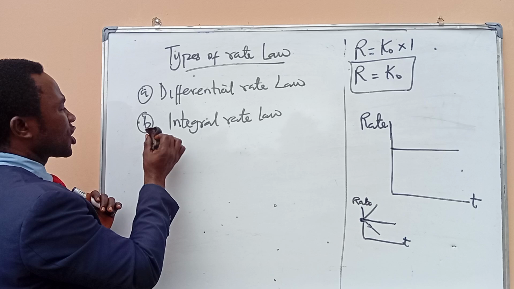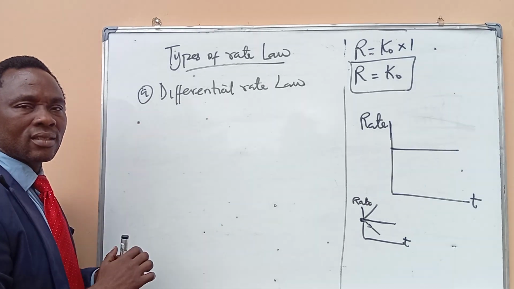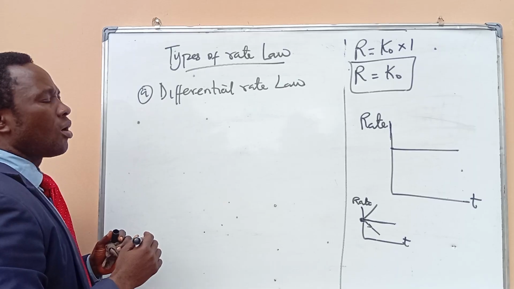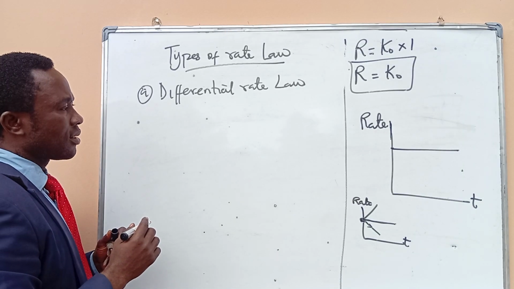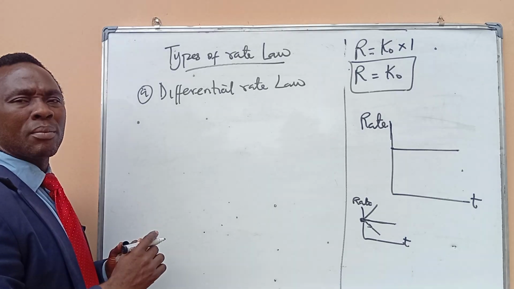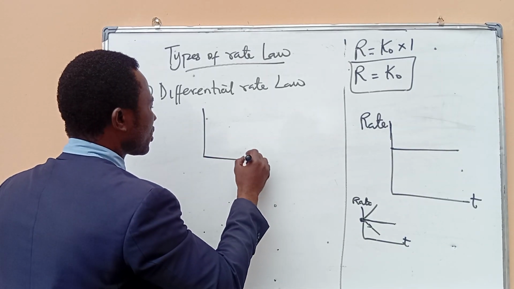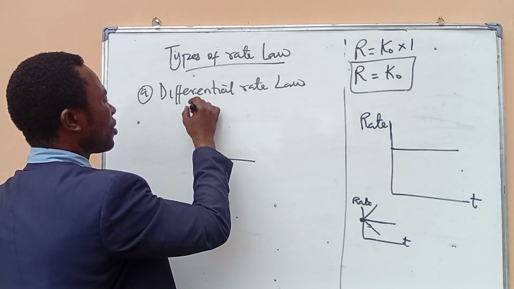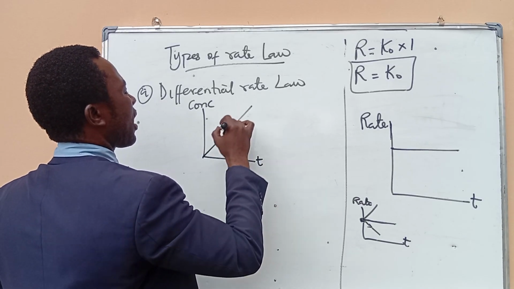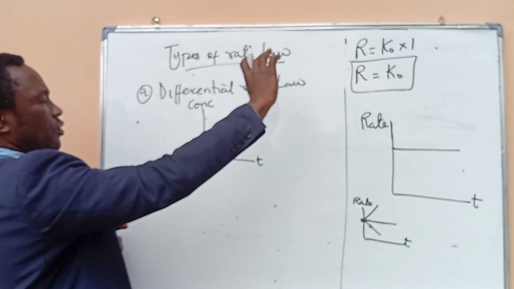Now, the differential rate law is the slope of the rate time graph. So when we plot our concentration against time, let's say our graph goes this way.